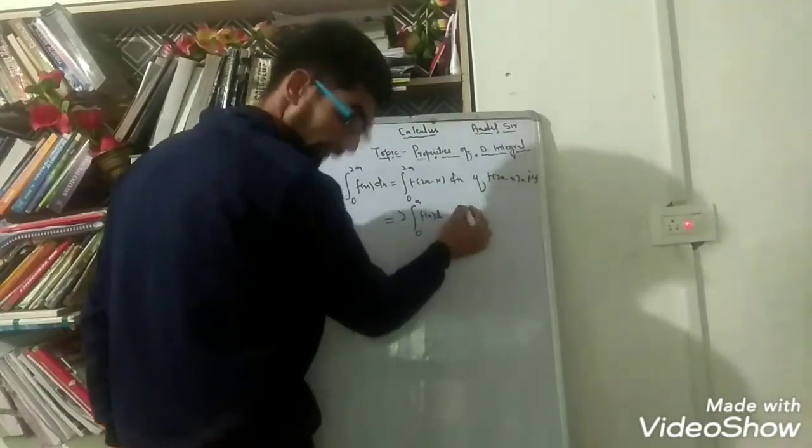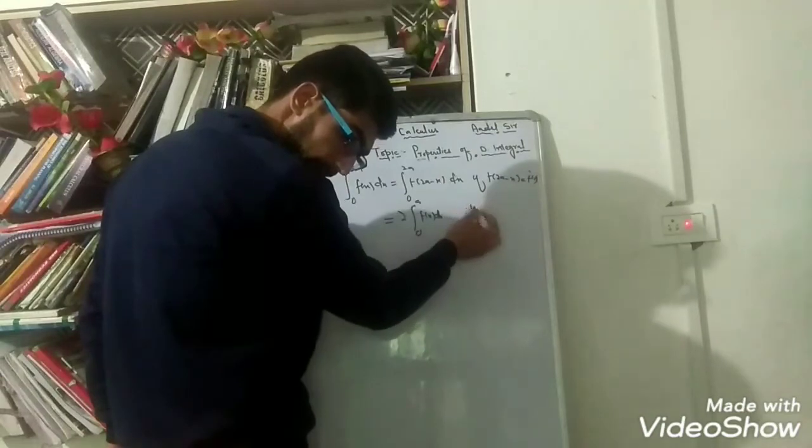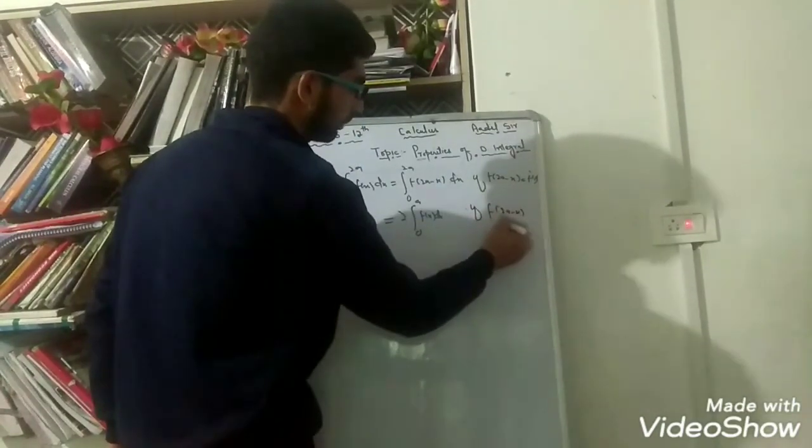If f of 2a minus x is equal to minus f of x, then the integral is 0.